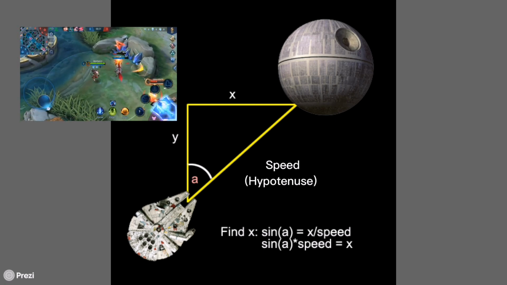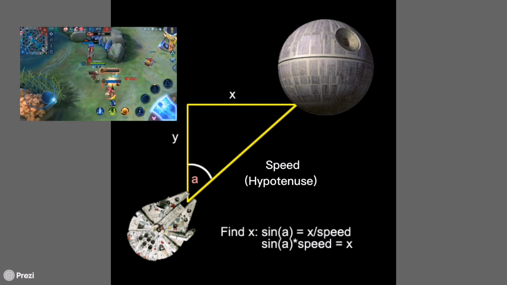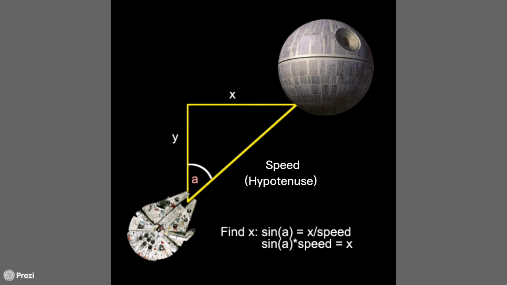So in here the opposite side is x and the hypotenuse is the speed itself. So we have sine A, or sine angle A, is equal to x all over speed. By manipulating the equation, we can say that sine A times speed is equal to x.